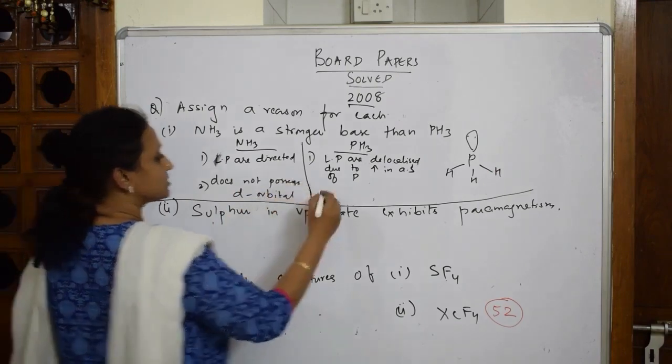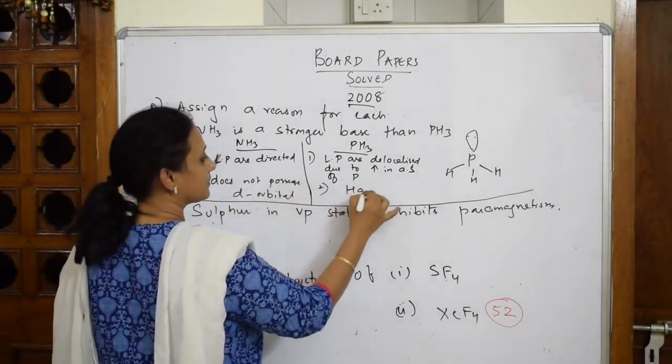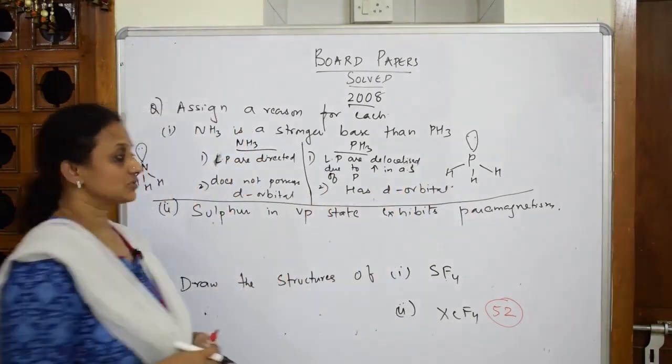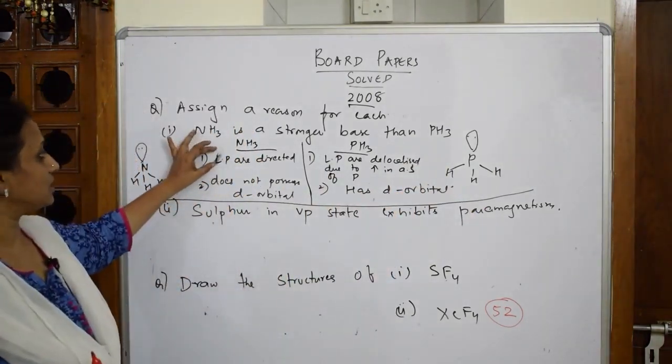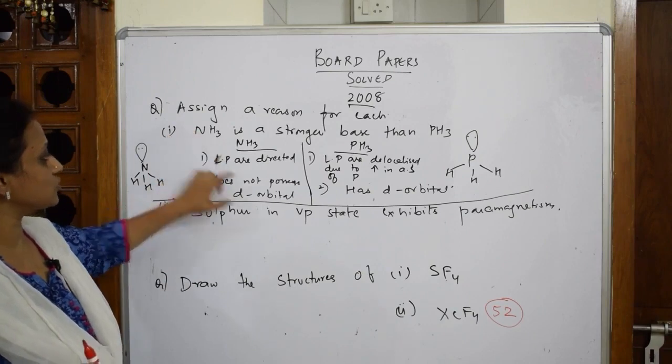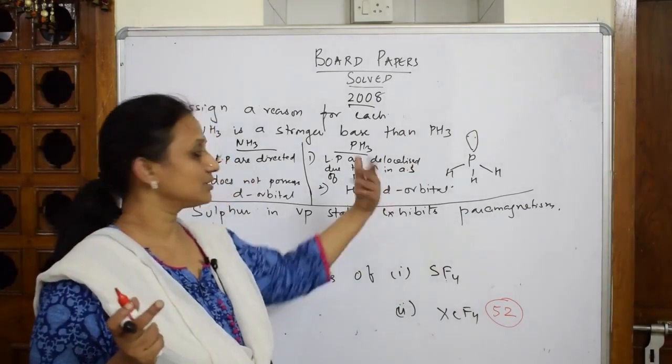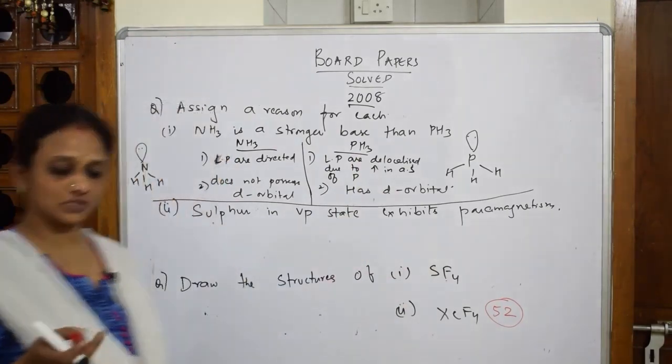But in this case, phosphorus has d orbitals. That's it. So this is the reason for ammonia acting as a strong base, because the whole electrons are concentrated on that. Now here it is spread. You can just finish up your answer with 2 reasons.